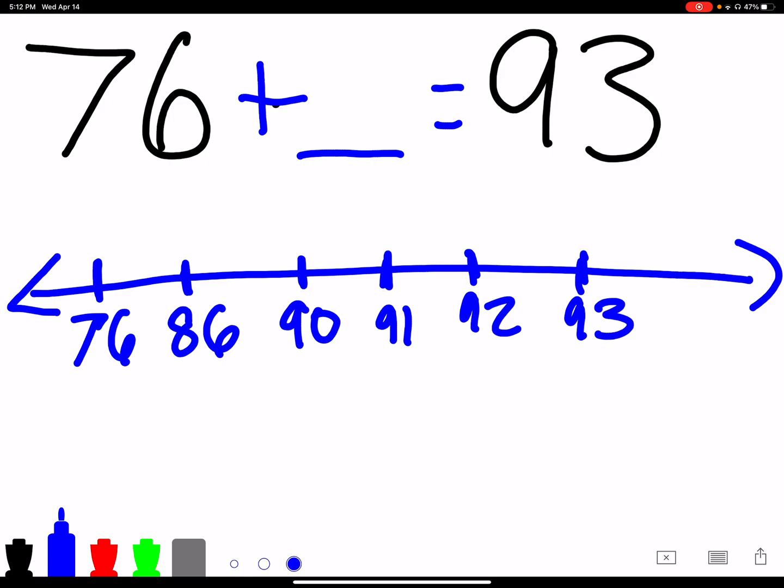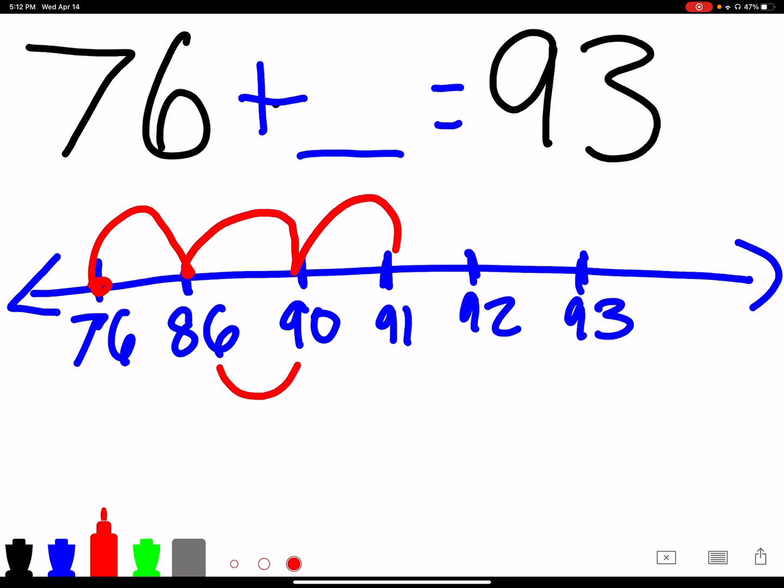So to get to 80, you go up 1 time, and that's equivalent to 10 to make it 86. But we have to figure out how many to 93. So you got 10, and then you have 4 more to 90. So you have 4, 5, 6, 7, 8. So you have 8.